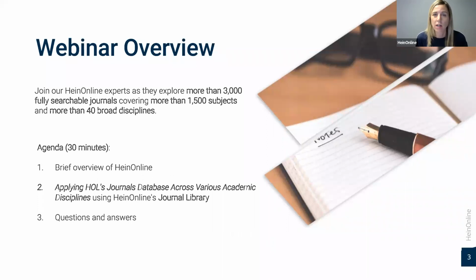So we have historic content dating back to the 1500s that would be really hard to find online in other databases. Everything's PDF image based, so it's like you have the official version available to you. It's like having a library full of books available to you in an easy to use online, fully searchable database. Key content in HeinOnline, of course, the journal database, which we're going to talk about today.